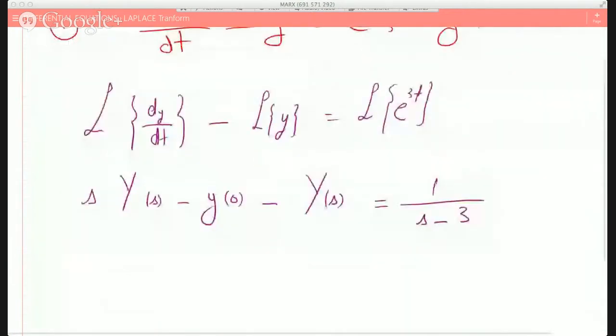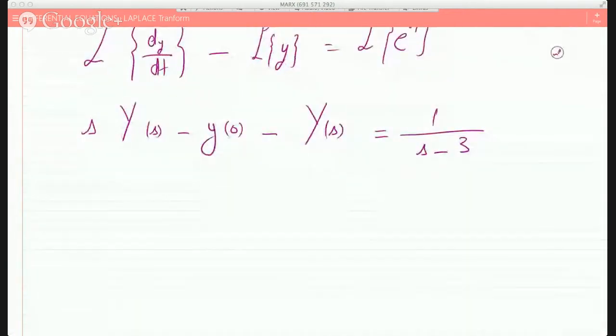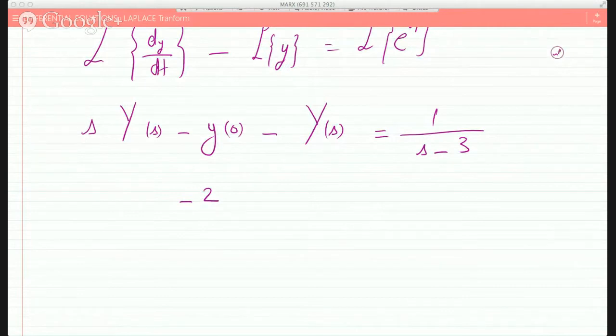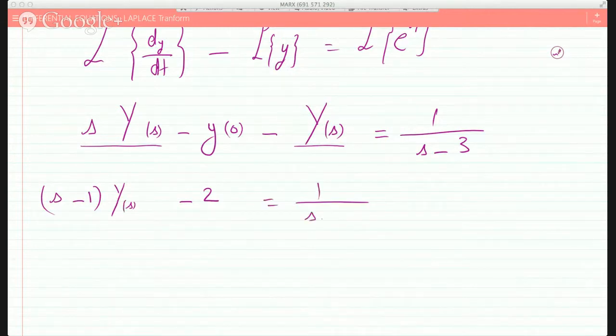Now, y of 0 is 2, so I can replace y of 0 with 2. And I can factor out Y of s from these two terms. So then I would get s minus 1 times Y of s minus 2 equals 1 over s minus 3.